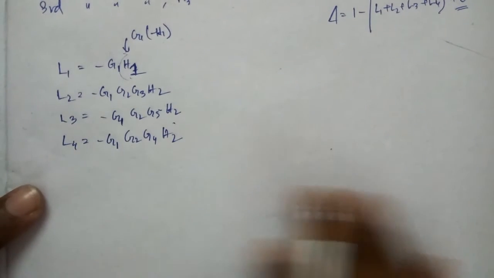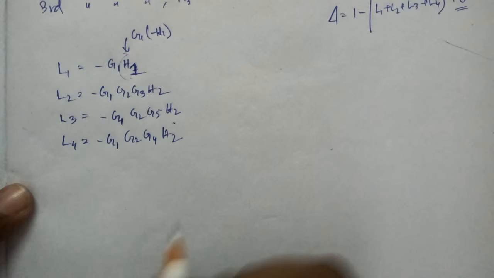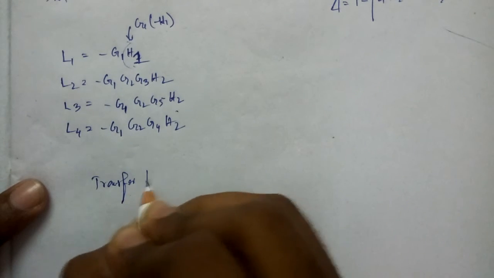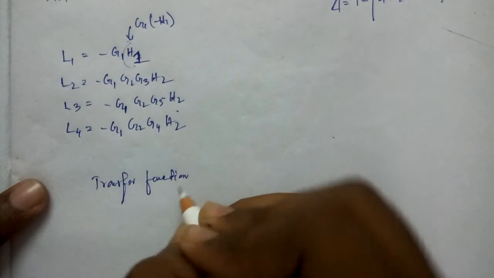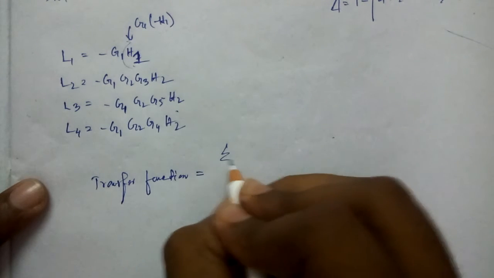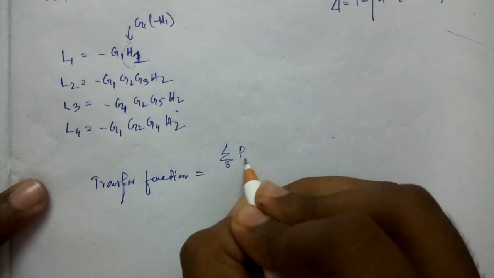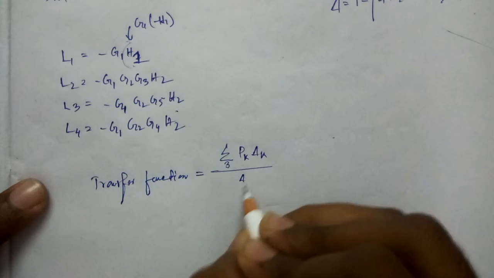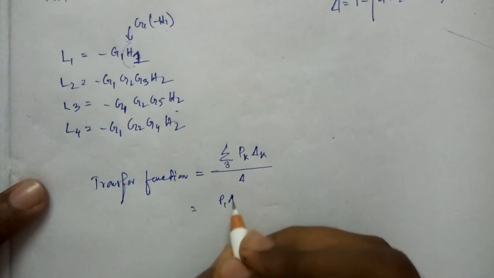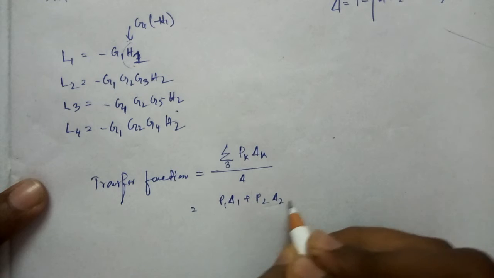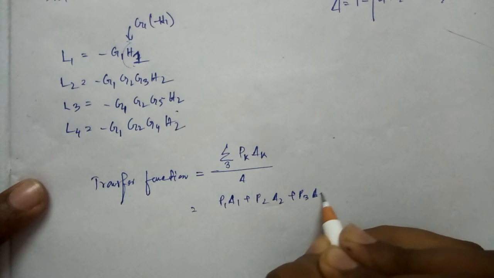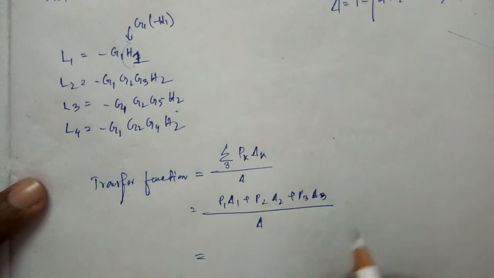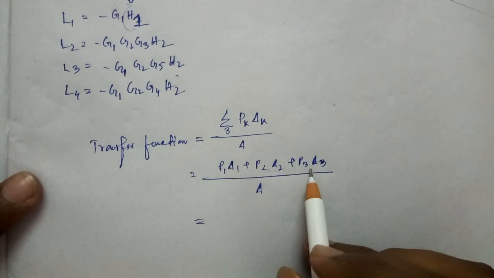Now we can apply Mason's gain formula and find out the transfer function. The transfer function using Mason's gain formula is equal to the summation of Pk delta k by delta, which is P1 delta 1 plus P2 delta 2 plus P3 delta 3 over delta. Here the P1, P2, P3 values we know.